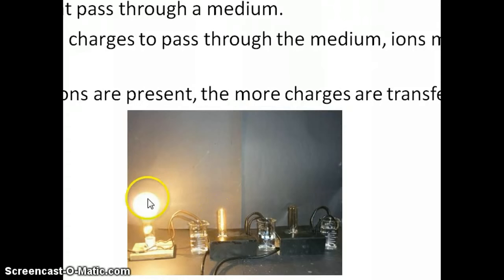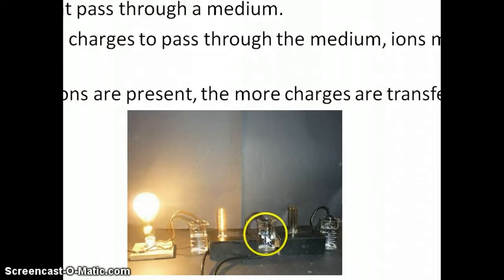It might be hard to see because this one is so bright, but this one actually shows a little bit of light, but it's not as bright obviously as this one. And the last light bulb is this one, and that one doesn't show any light whatsoever. So it turns out that different types of solutions conduct different amounts of electricity. This one conducts a lot of electricity, so you see this very bright light bulb.